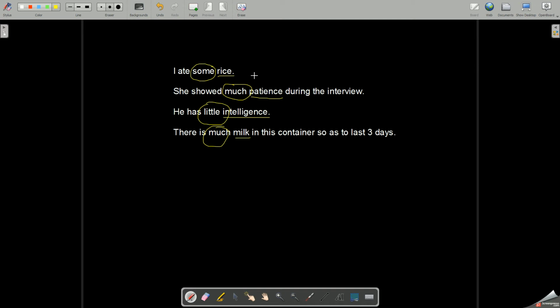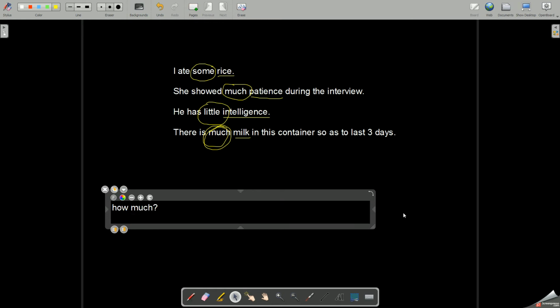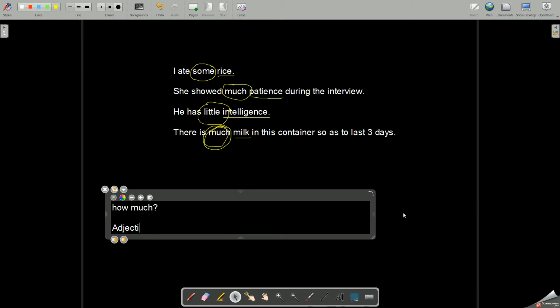But normally, during our normal days, usually no one would prefer counting the grains of rice. So you won't count rice, you don't count patience, you don't count intelligence or milk. You will always measure these. Okay, so these words answer the question how much. Hence they are referred to as adjectives of quantity.